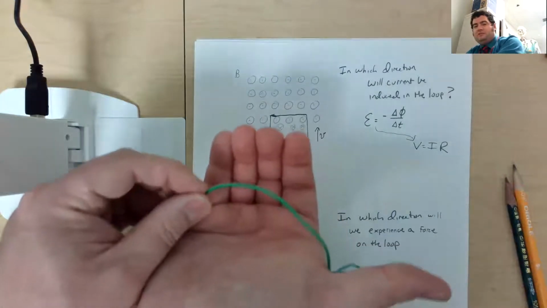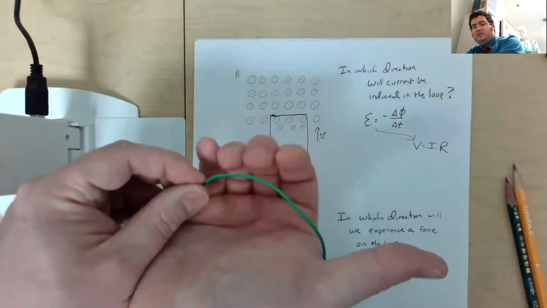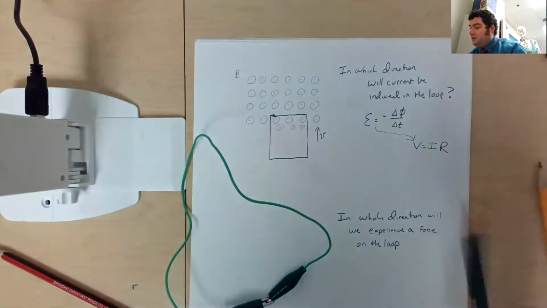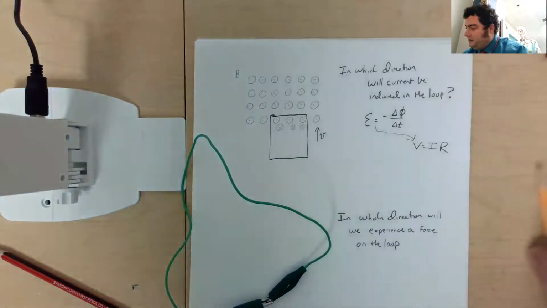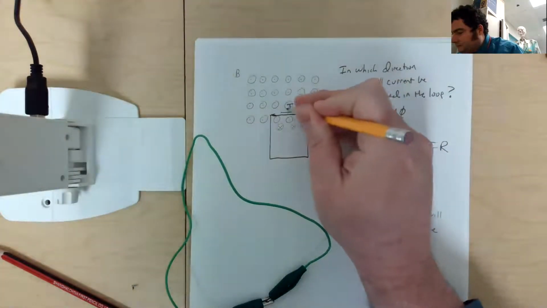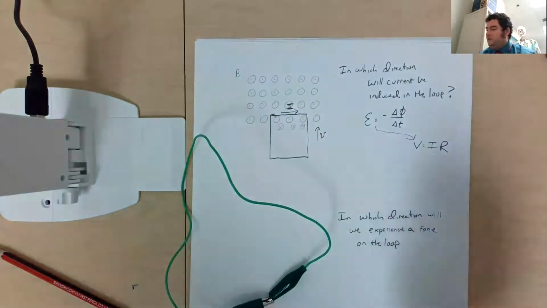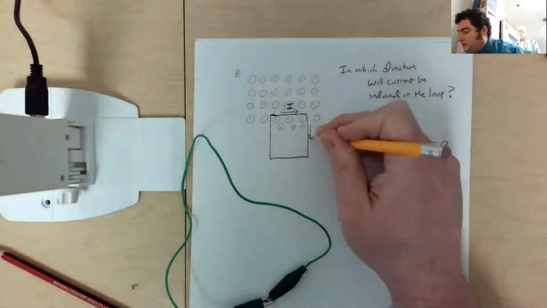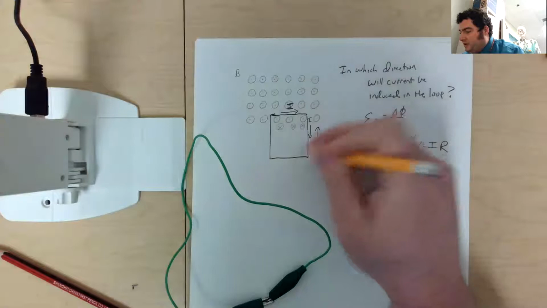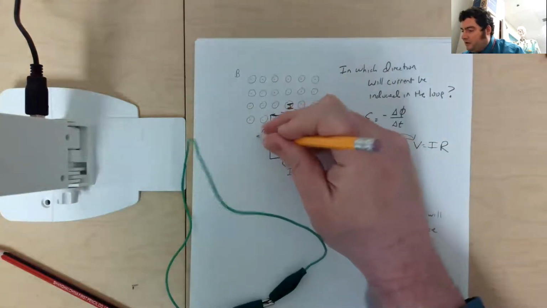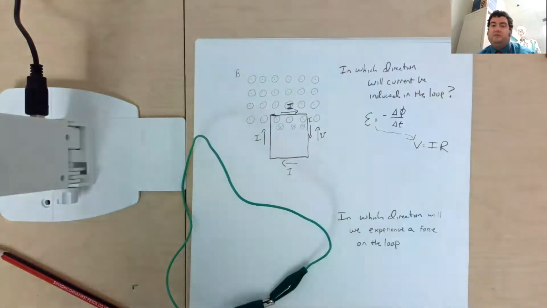So that only works if the current is pointing in the direction of my thumb, which is to the right in this case. So that means our current is actually in this direction. So that will induce a current that goes in this direction, and because it's a closed loop, that current will be on all sides. So we end up with a clockwise current under these conditions.